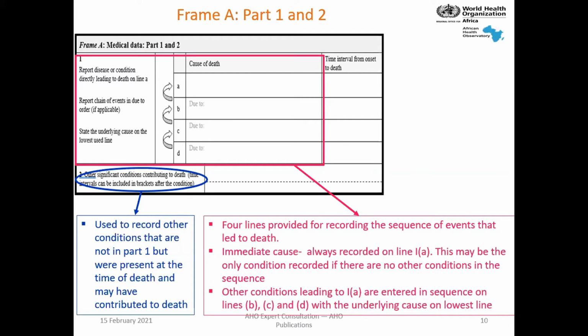Diabetes is not in the sequence above, but it may have contributed in another way, though it is not in the sequence of events that led to death. So if somebody has an existing medical condition that is not in the sequence of events, it is recorded as other significant conditions contributing to death.